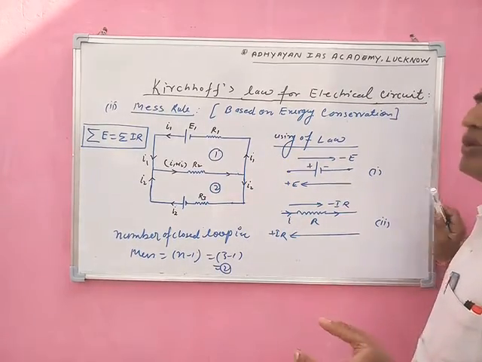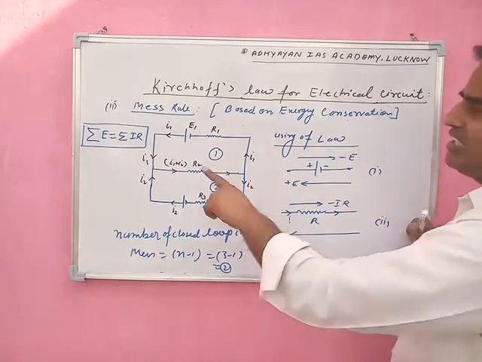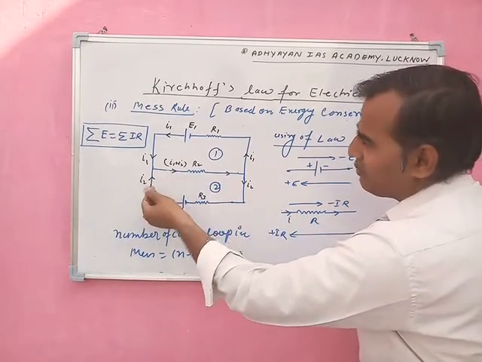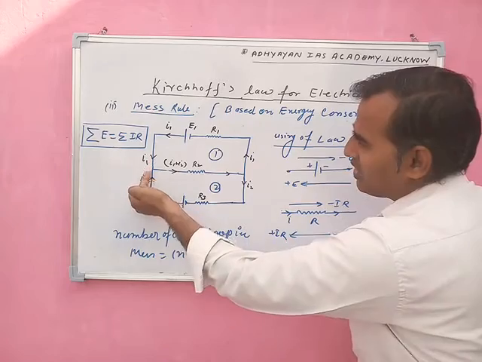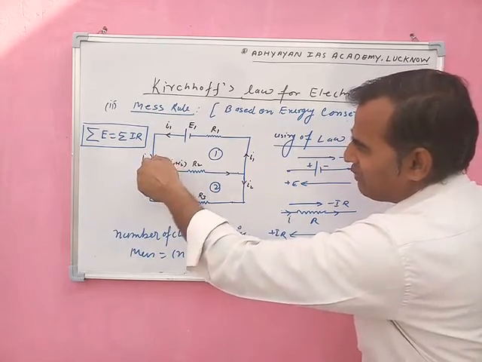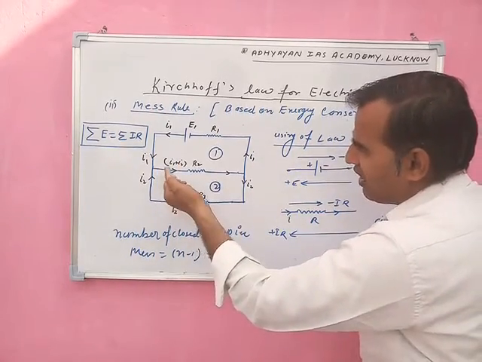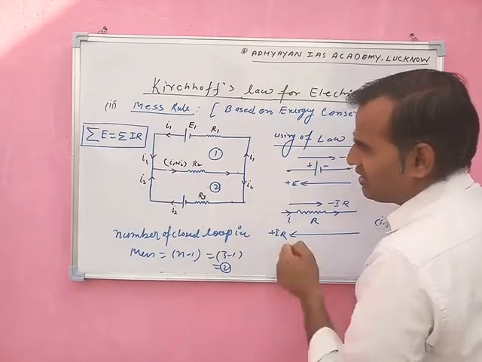And if you want to apply the junction rule, here we apply it. Current I1 is coming toward the junction, I2 is coming toward the junction, and I1 plus I2 is going away from the junction.